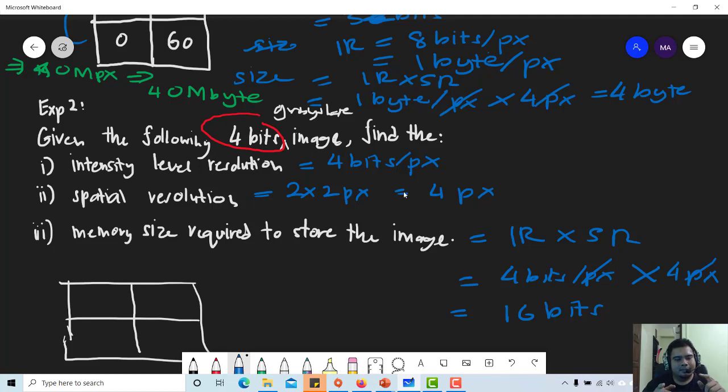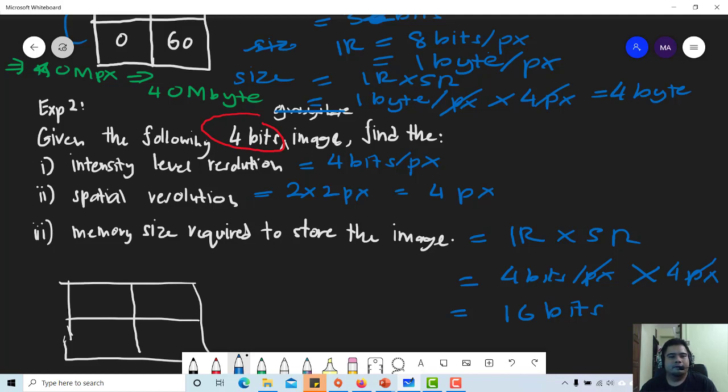But I want to change the question a little bit. Imagine that I change the question in this way. Sometimes I change it in this way. Given the following 4-bit, and I don't mention this one.